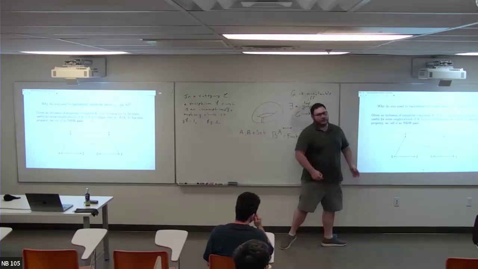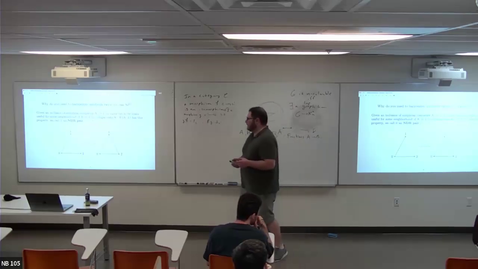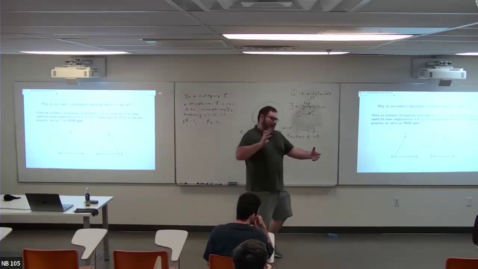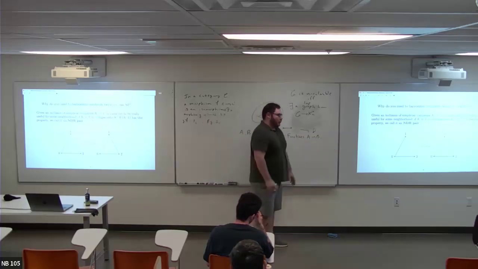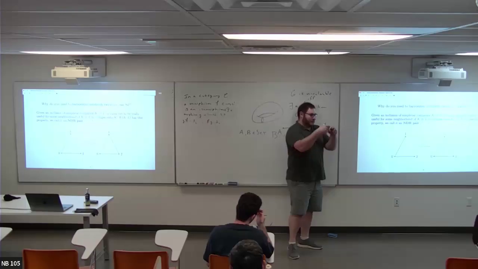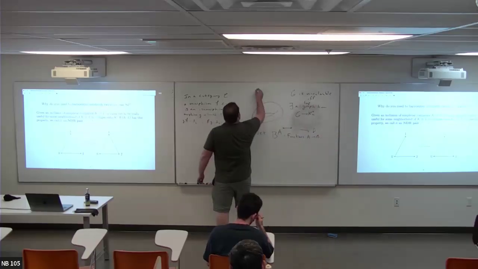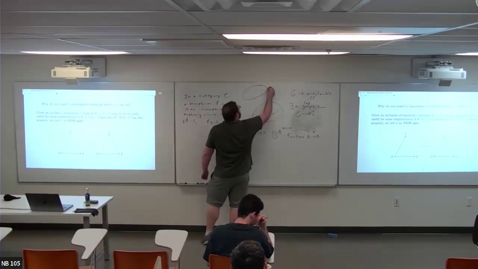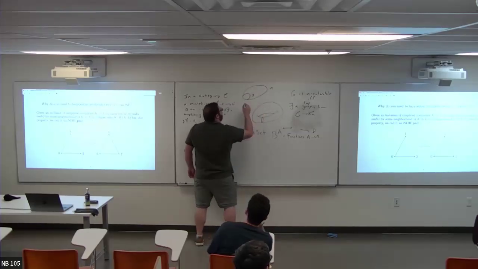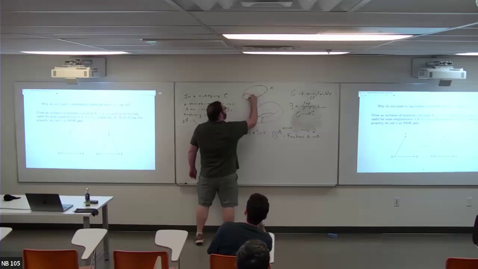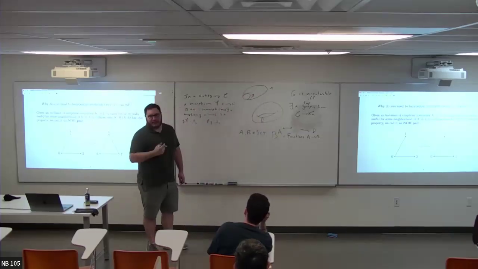One thing that's really nice in topology and homotopy theory is when you think of one space as a subset of another one, and you think about the neighborhood. So I have a big space X, and I have a smaller space Y, and I want to think about a neighborhood of Y in X.